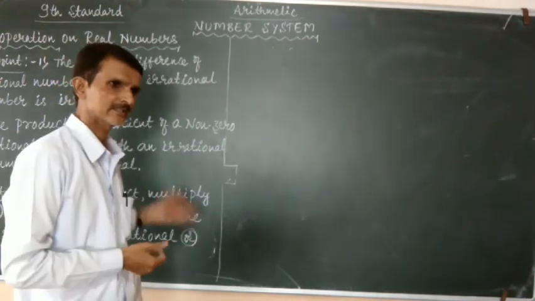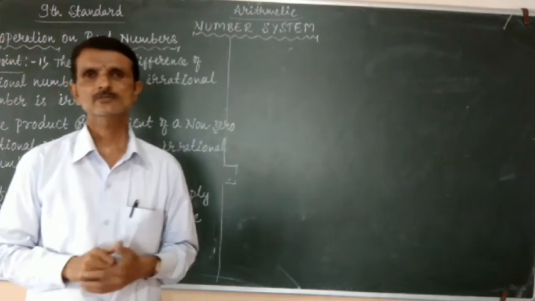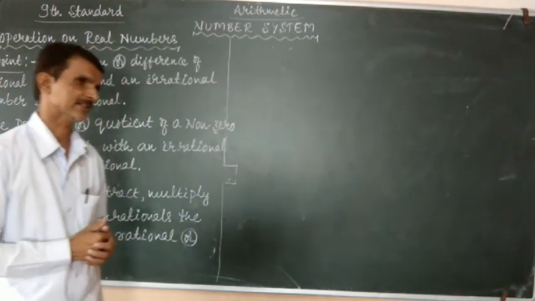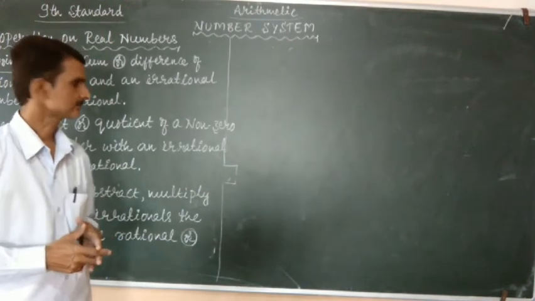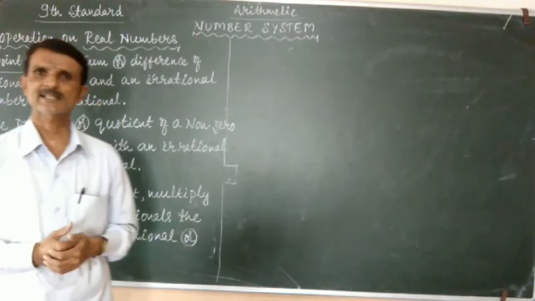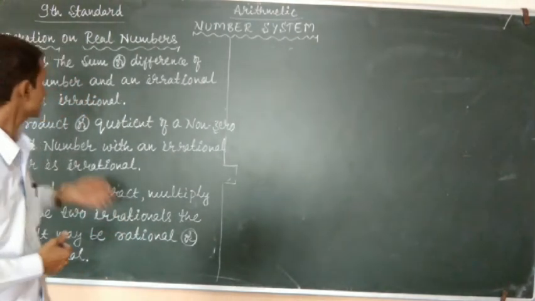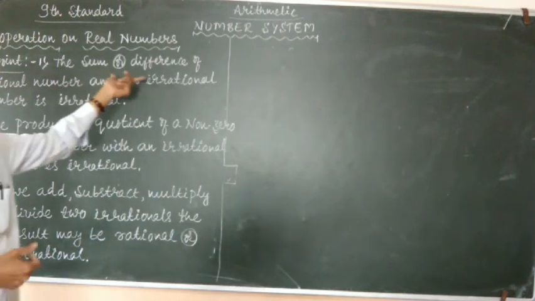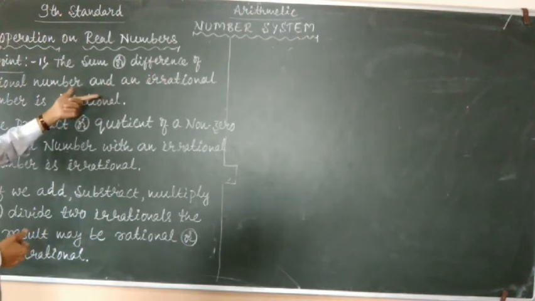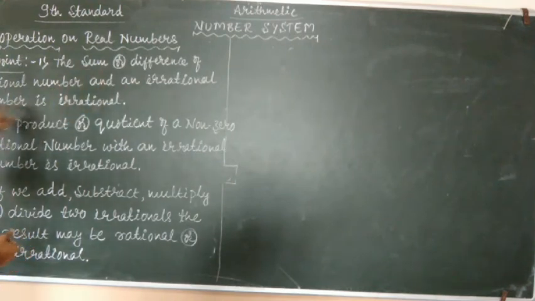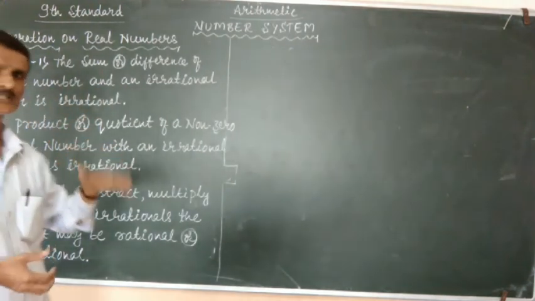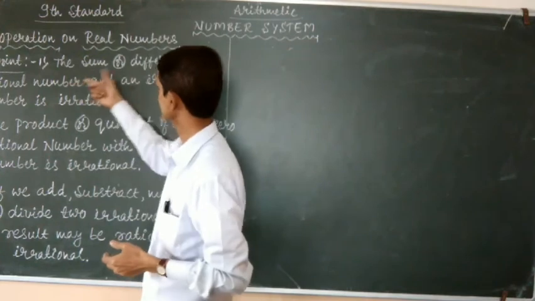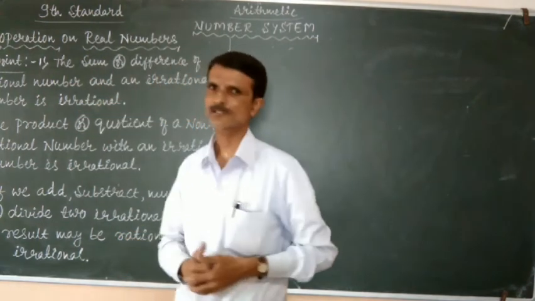To do these problems, we have to remember some points, which can be examined by taking examples. The first point is the sum or the difference of a rational number and an irrational number is irrational. So if we add or subtract a rational and an irrational number, we will get an irrational number.